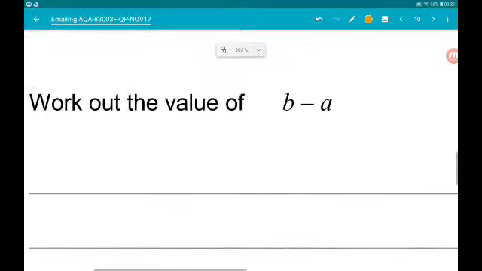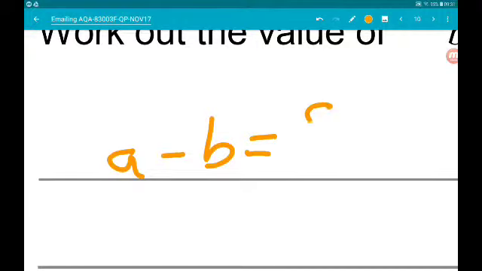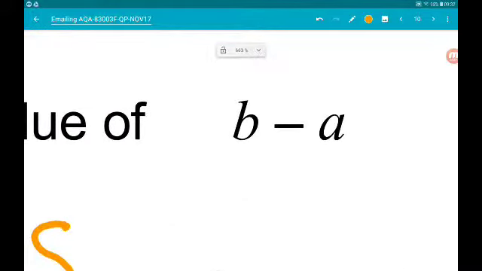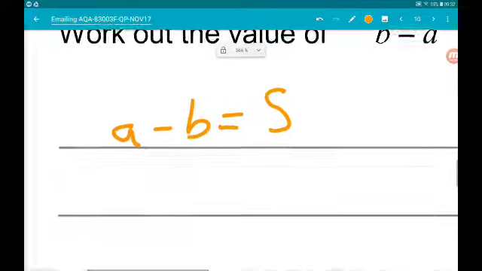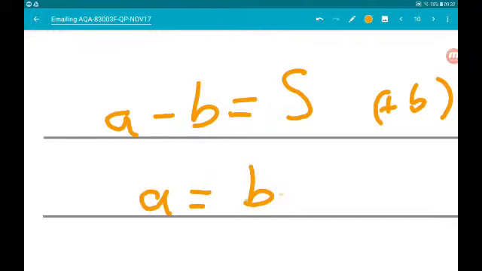Okay, part C, work out the value of B minus A. Okay, so for this, we need to do a tiny bit of rearranging. So, we've got A minus B. We want B minus A. So, if we first of all add B to both sides, we get A is B plus 5.